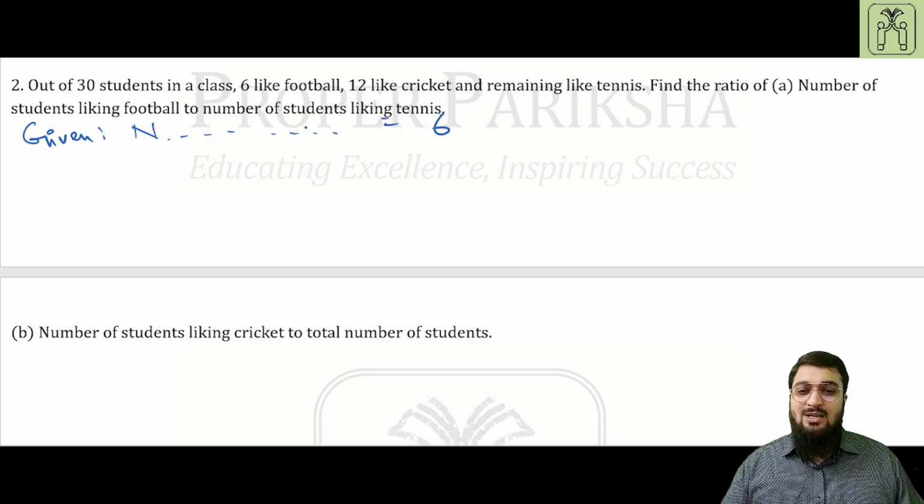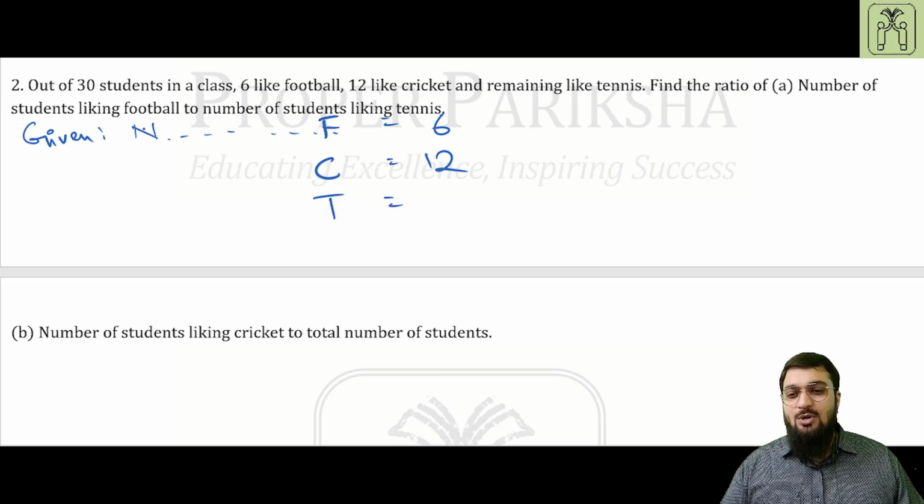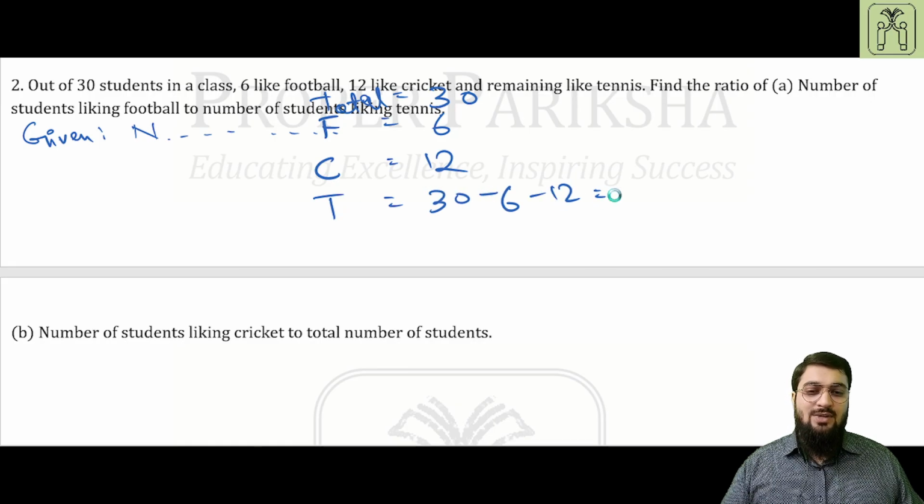Then we will write number of students who like cricket is equal to 12, and number of students who like tennis is equal to, and before that we will write total number of students in the class, that is 30. So those who like tennis is equal to 30 minus 6 minus 12, and that will be 12 plus 6 is 18, and 30 minus 18 is equal to again 12. So the answer will be 12.